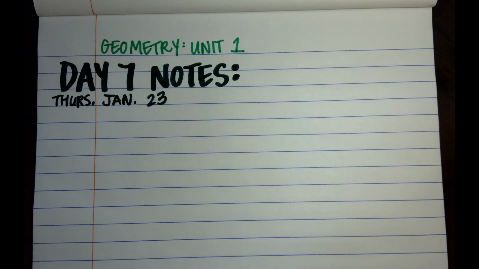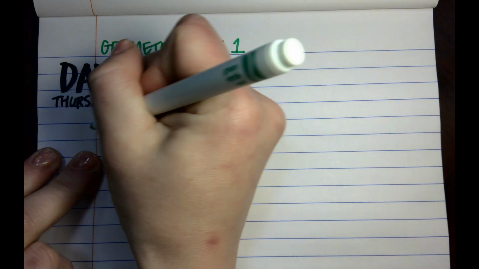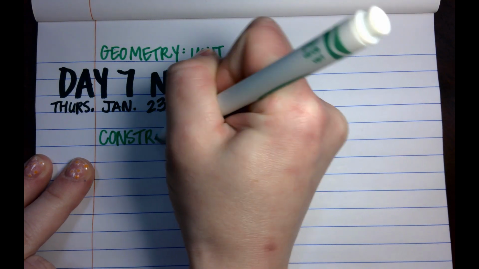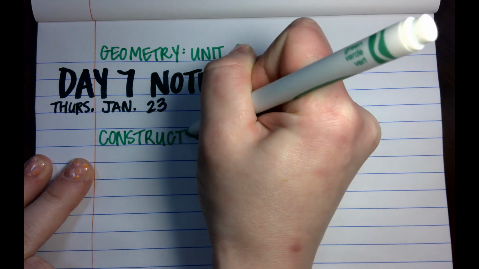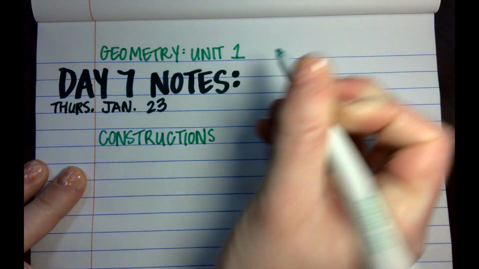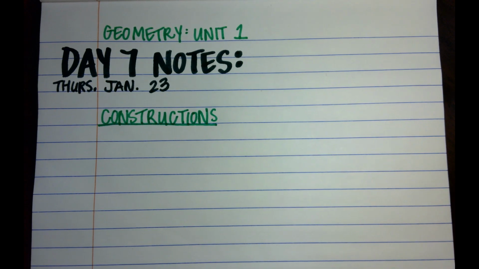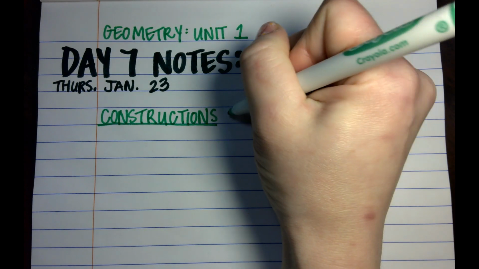So, real quick, we learned 2 different types of constructions, okay? So I'm going to write constructions. Just a little recap of what we've been doing. And I'm going to write using a compass.